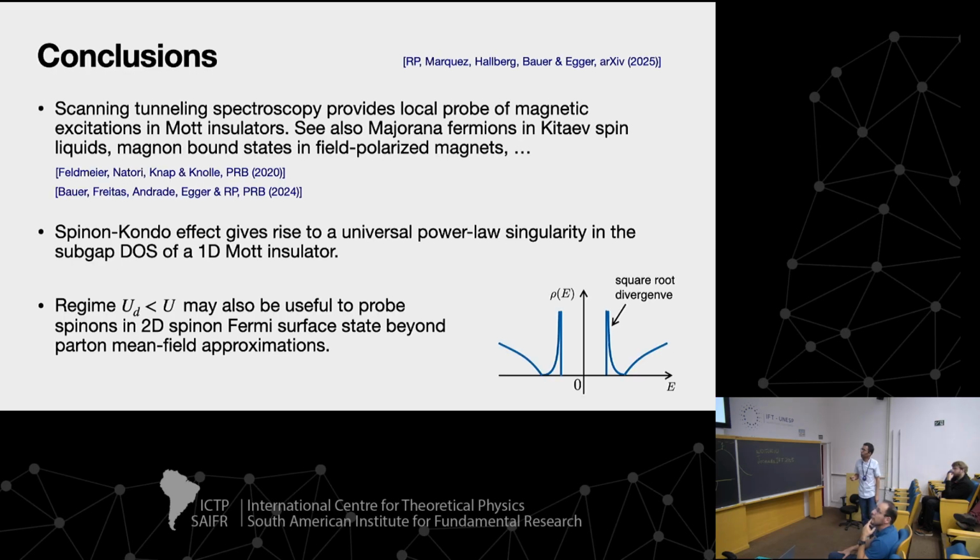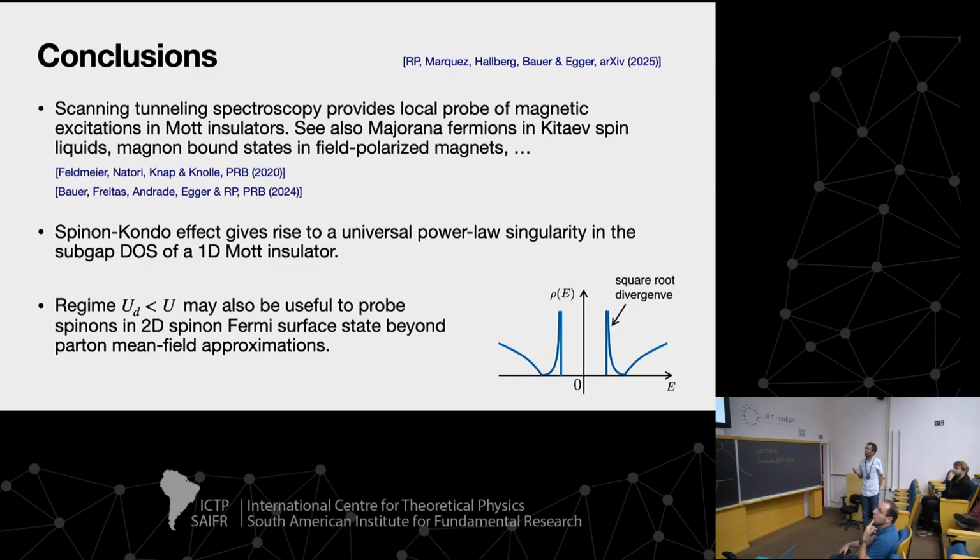So to conclude, the main message here is that you can use scanning tunneling spectroscopy to measure many different interesting excitations of magnetic systems in Mott insulators, even beyond the example that I discussed here. I wanted to mention that similar ideas have been used to propose local probes of Majorana fermions in Kitaev spin liquids. William Natori has a very nice paper about this.